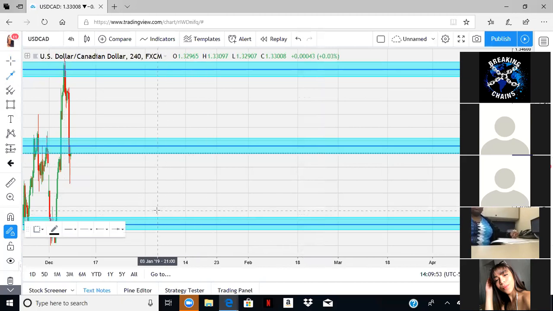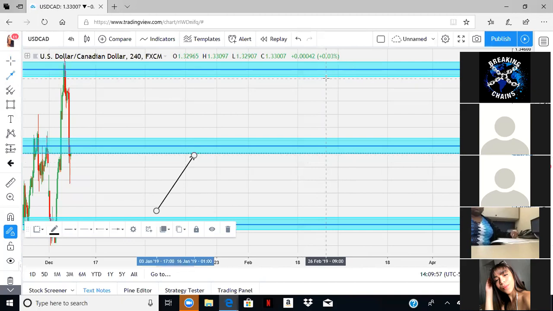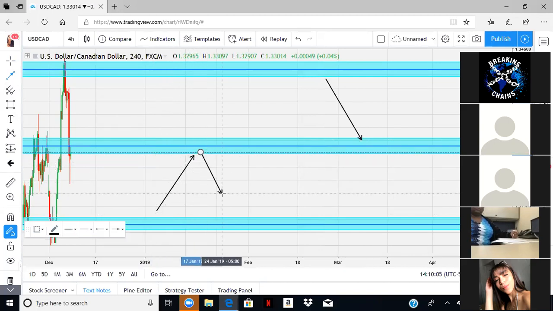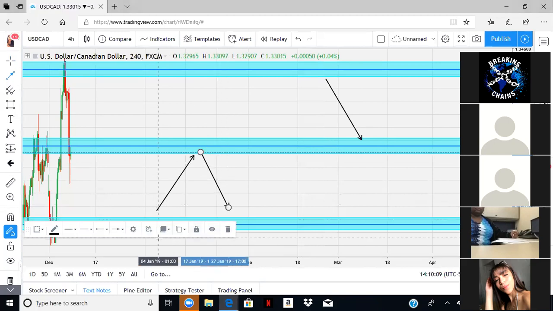So let's go over if price is coming up towards a reversal zone, I'm expecting it to what? Reverse. I'm expecting it to reverse. It's kind of like a safety net, right?